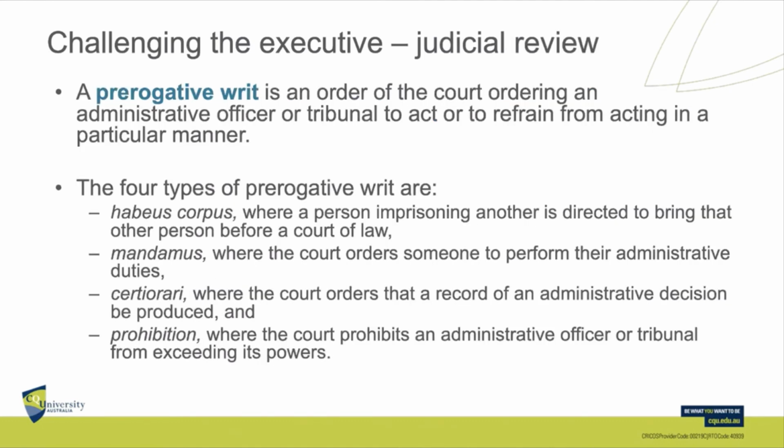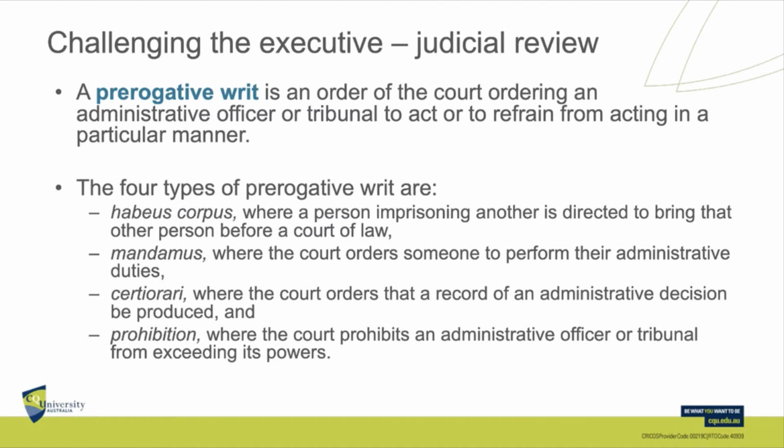Judicial review is the process of going to court to seek review of an executive decision. The outcome of this can be the court telling the executive to do something or to refrain from doing something, and this is called a prerogative writ. What the court is doing, or what it's ordering, depends on the type of writ. So it might be an order to bring an imprisoned person to court to ensure that they're heard.